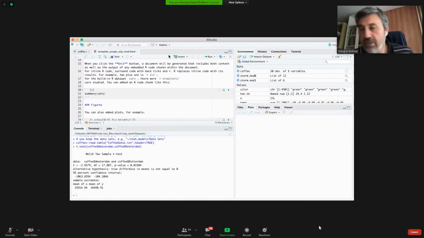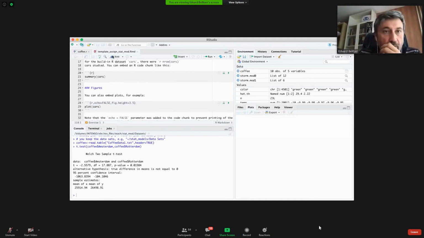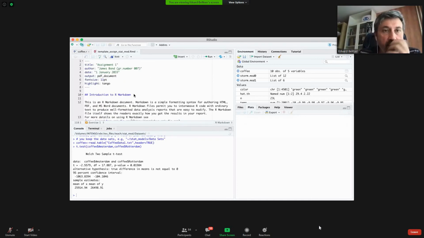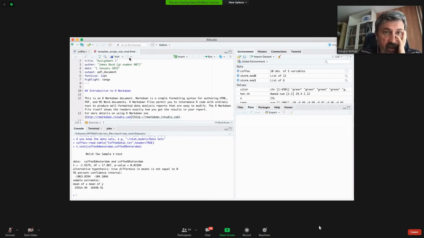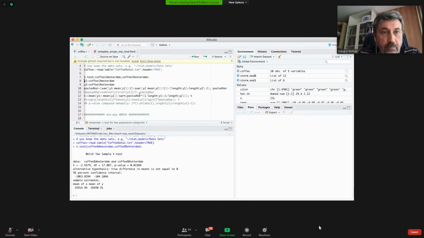Okay, I hope you see R. Oh, by the way, this is the template for the assignments, a possible template. It's just this RMD, and then you say knit here. You see this knit, and then it will produce a PDF file. Let me maybe show you at the end, but let's go to this script file.